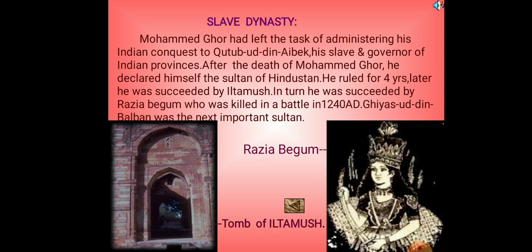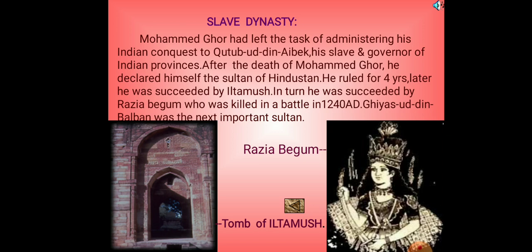Razia Begum was the first female ruler of the Delhi Sultanate, or we can say the first female Muslim ruler. Her succession to the throne was challenged by a section of nobles.